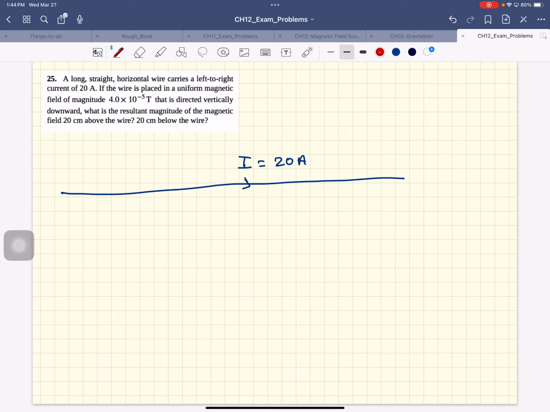The Earth's magnetic field would be directed vertically downwards near the poles. So this is the external field. What is the resultant magnitude of the magnetic field 20 centimeters above the wire, and 20 centimeters below the wire?